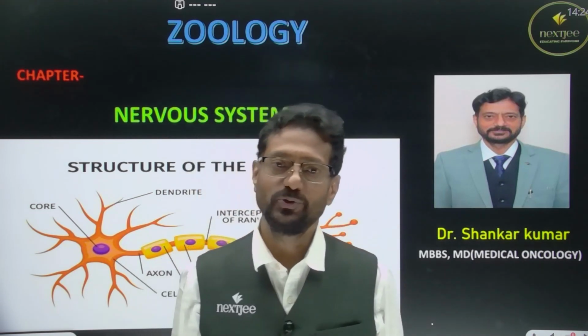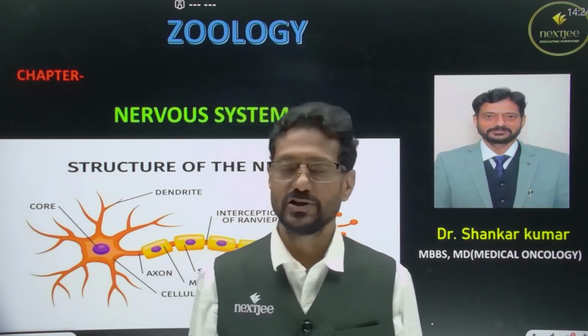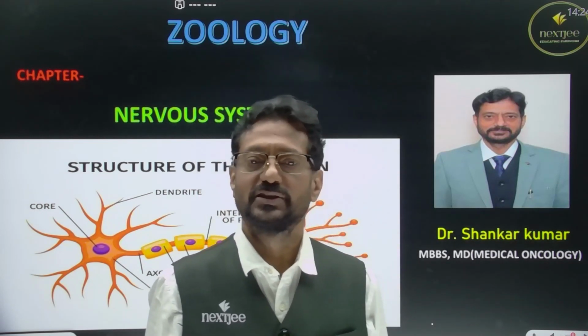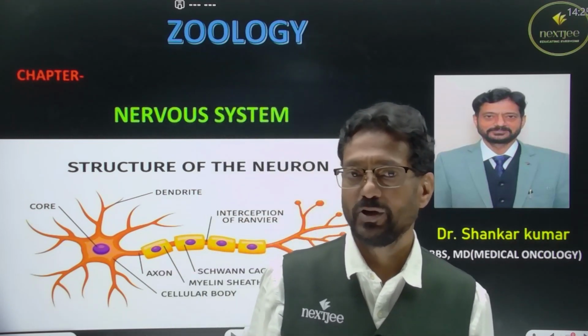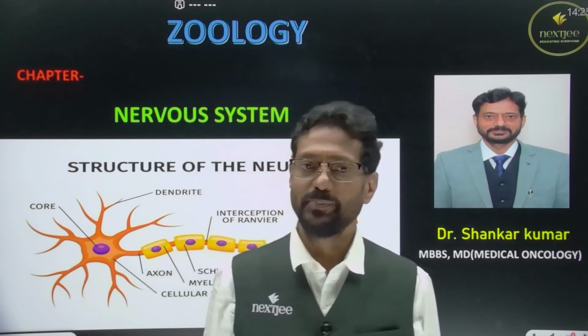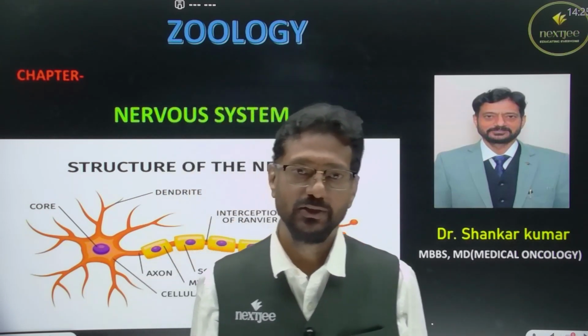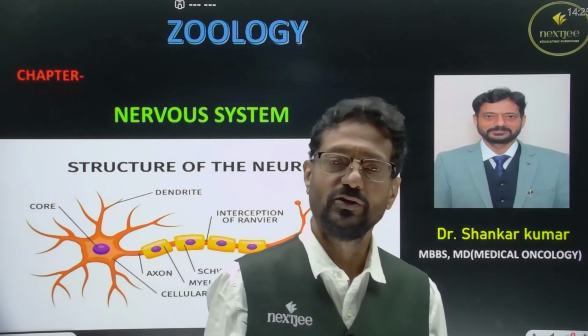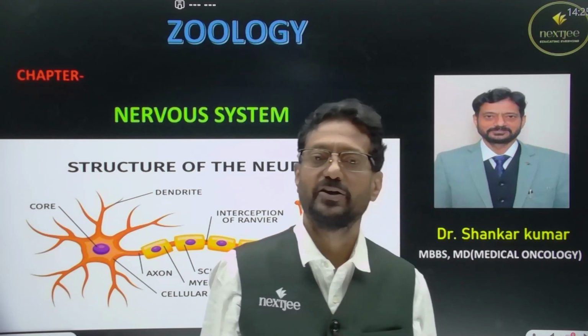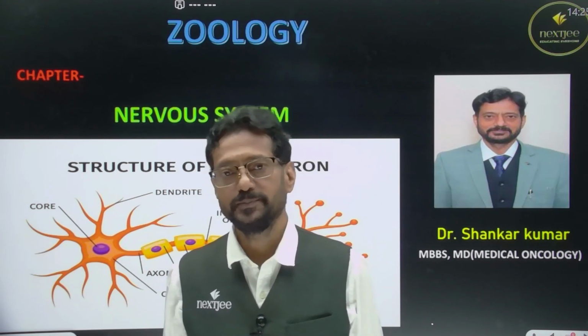The smallest unit of the neuron is the cyton, also called the cell body, soma, or perikaryon. The axon and dendron may or may not be present, but the cyton must be there.